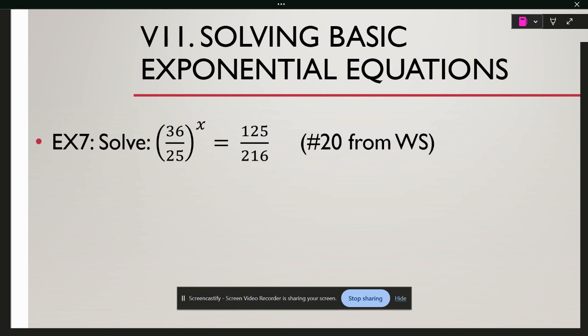So really, on this side, you're looking at 6 over 5 to the 2x. And then does anyone know 125 and 216? Yeah. 5 and 6 cubed. So this is really 5 over 6 cubed.